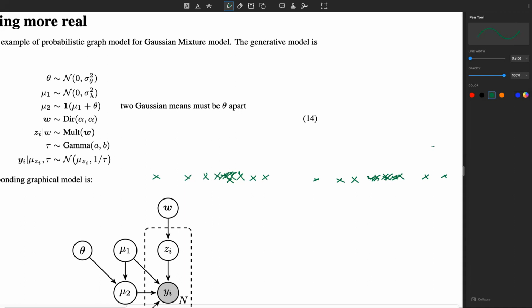Can you actually plot a single Gaussian to explain this data? No, you can't. By the way, if anyone remembers the maximum likelihood estimation of your Gaussian mu, it's just the sample average. So you're actually going to get a Gaussian distribution like this. But what's the underlying assumption of your Gaussian distribution?